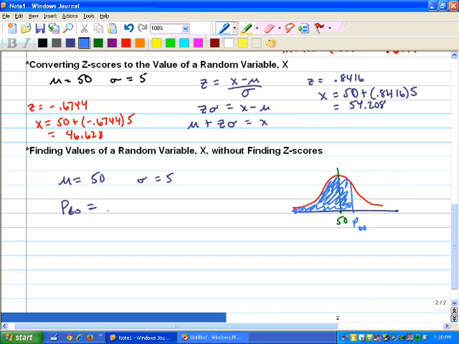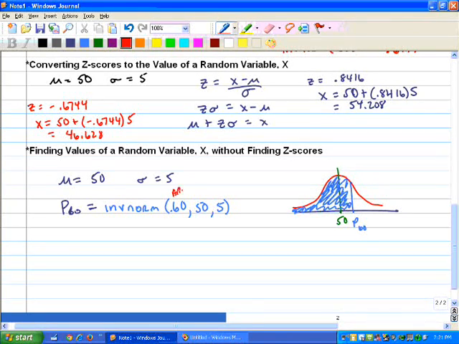So to find that, we're going to do inverse norm. This time, you're going to put 0.6, that's the area, 60%, your mean, 50, and your standard deviation, 5.